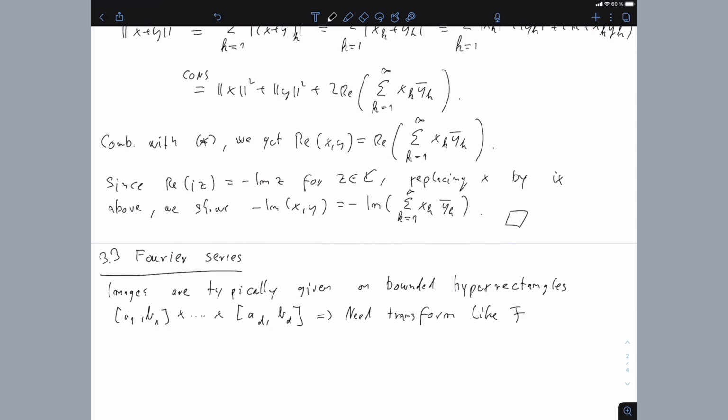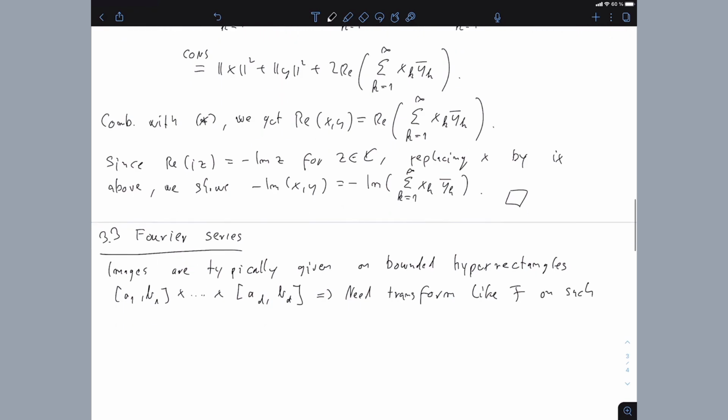Yeah, and we want to transform, like the Fourier transform. I think we briefly already discussed this last week.